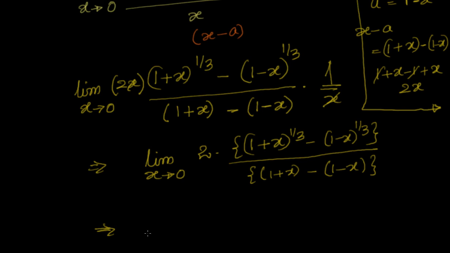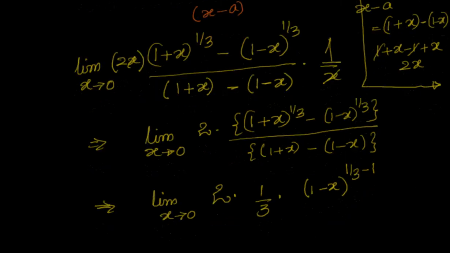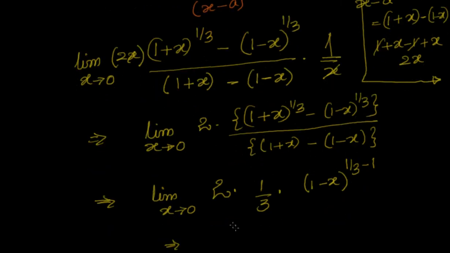Now if I apply the formula, I will have limit x tends to 0, 2 into 1 by 3 into 1 minus x to the power of n minus 1, that is 1 by 3 minus 1. But x is equal to 0. If you substitute that, you will have 2 by 3 into 1 power minus 2 by 3, which is nothing but equal to 2 by 3.